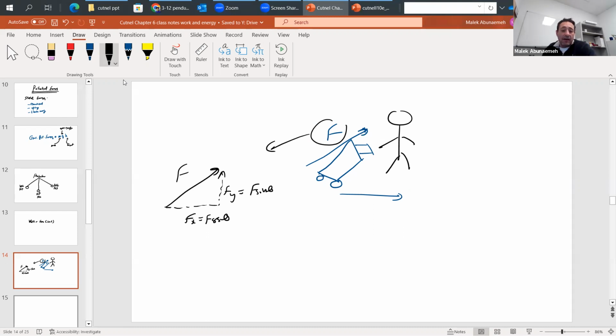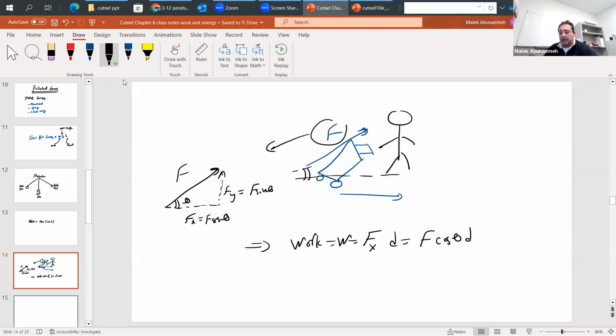That means we are moving towards the F of X. So that means that the work done is going to be equal to your Fx times the distance d, which is your F cosine theta. This is your angle theta, which, let's say this is the wall. This is your angle theta over here, times your distance d.